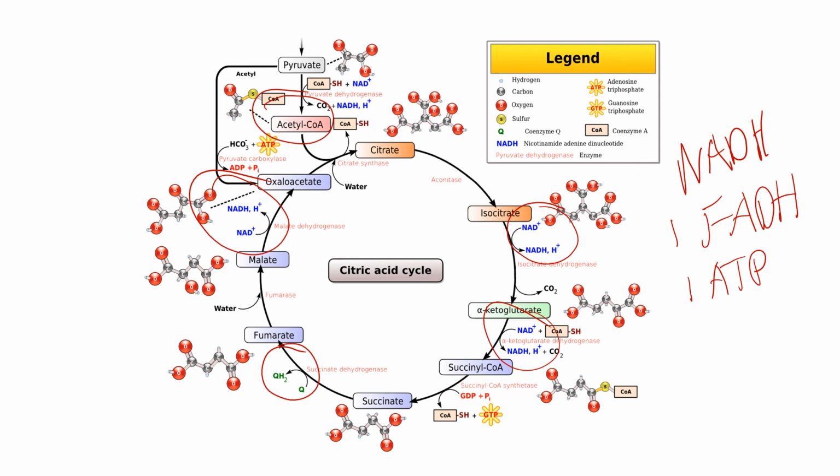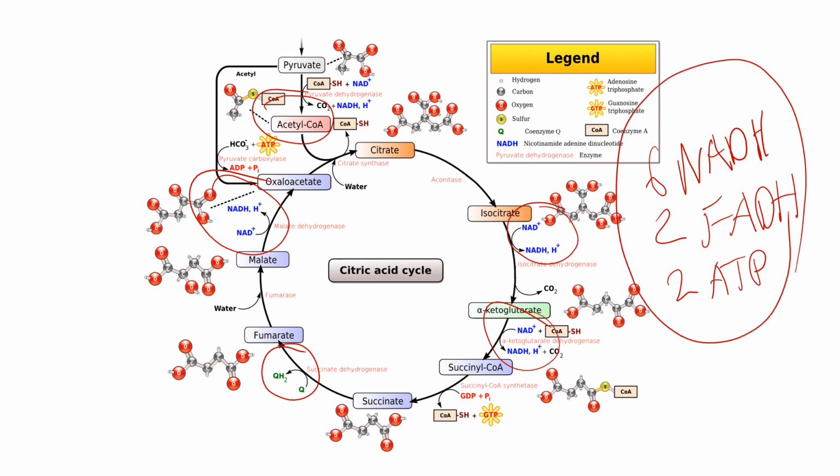We actually get 6 NADH, because for each round we got 3 NADH, so times 2. We also get 2 FADH, because each round of the Krebs cycle makes 1 FADH, and additionally we get 2 ATP, because each round makes 1 ATP. So this is what we get in its entirety from the Krebs cycle with 1 molecule of glucose: 6 NADH, 2 FADH, and 2 ATP.